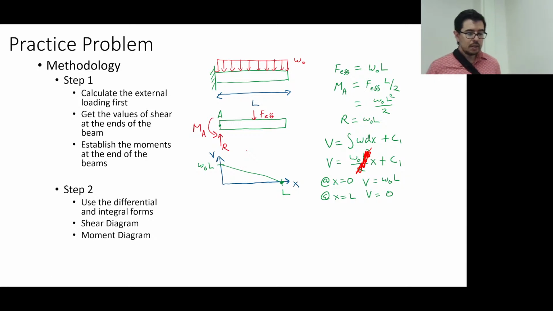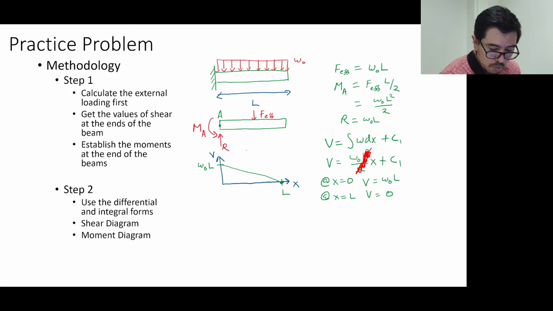Now, the question is, how do you figure out what's happening at these boundaries? This is where a little more explanation is helpful. It says here that you should get the values of shear at the ends of the beam. What does this mean?